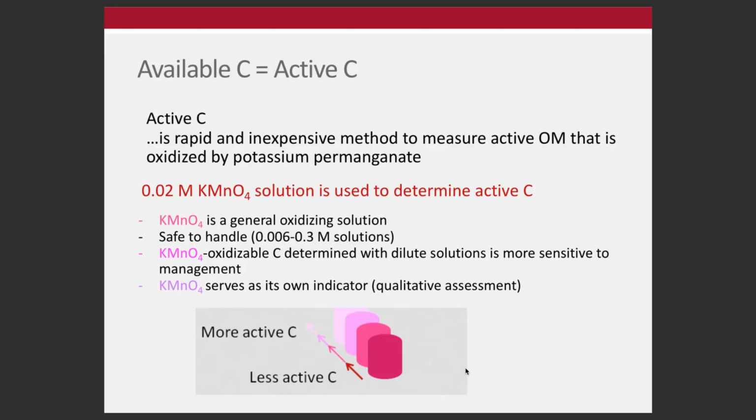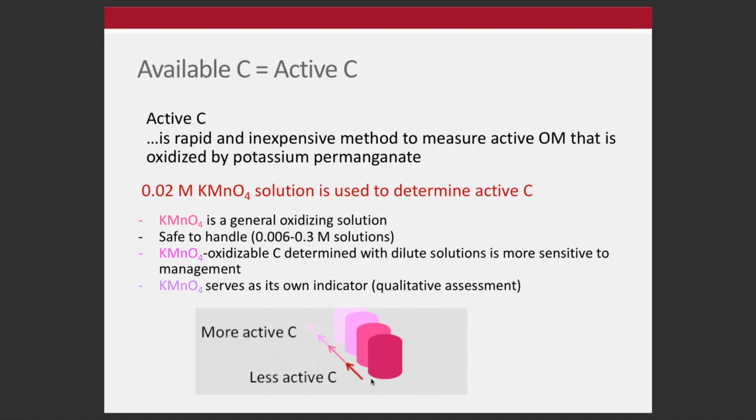The first thing I'll highlight is this active carbon or available carbon. Active carbon is a rapid and inexpensive method to measure organic matter that is oxidized by potassium permanganate. It uses 0.02 molar potassium permanganate, and it starts as this really brilliant purple oxidant.